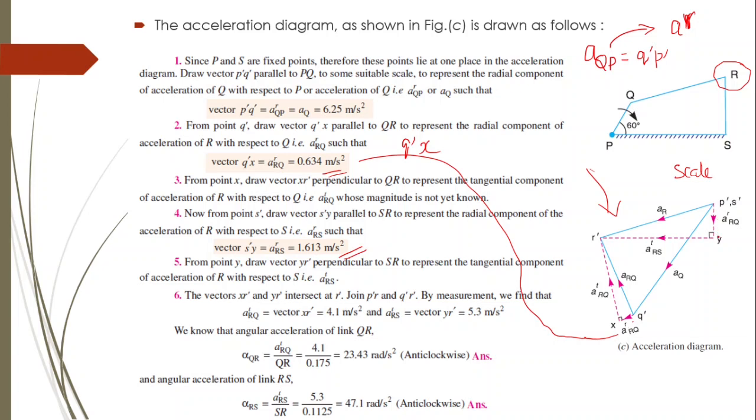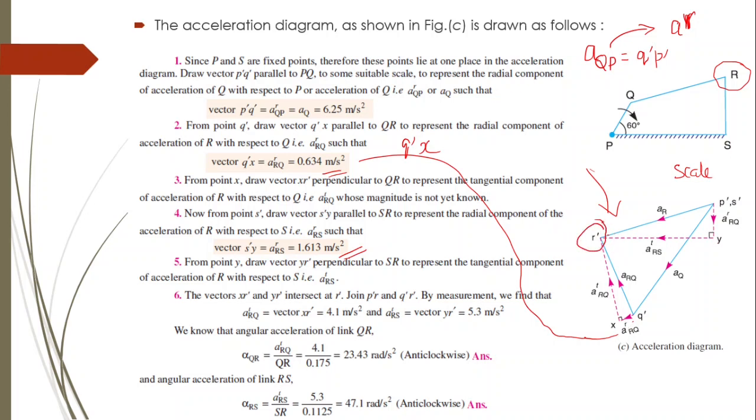That must be parallel to RS, and we can fix that point Y. Again we draw the tangential component of acceleration of R with respect to S. That tangential component is unknown and the direction is known. It must be perpendicular to SR and passing through Y. Then we draw that line of action. The meeting point of this tangential component and the other tangential component will become R dash.